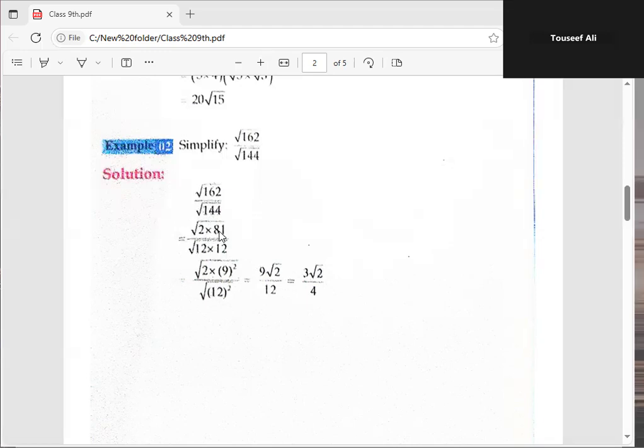So 81 means 9 nines, 9 multiplied by 9, so we convert this 81 into 9 square, and divide by 12 square. Square and square root cancel each other, then root 2 into 9 divided by 12. So 3 threes are 9, 3 fours are 12. So 3 root 2 divided by 4 is the required solution of this question.